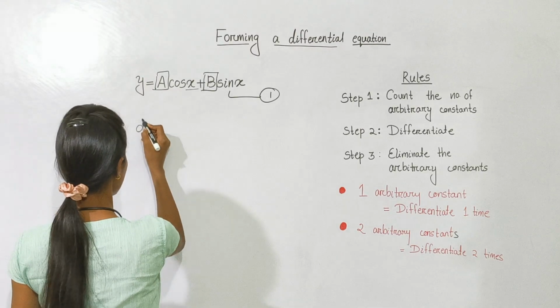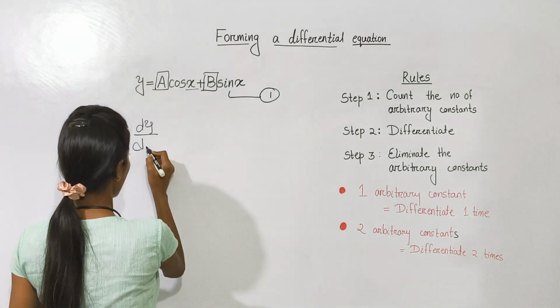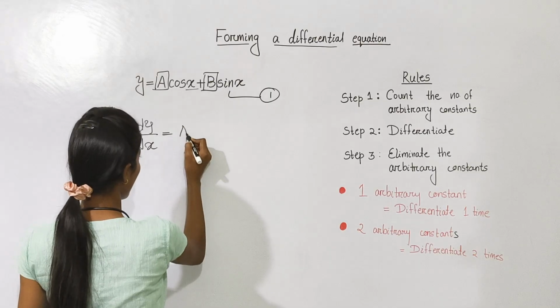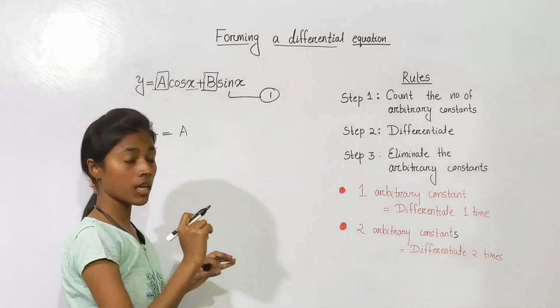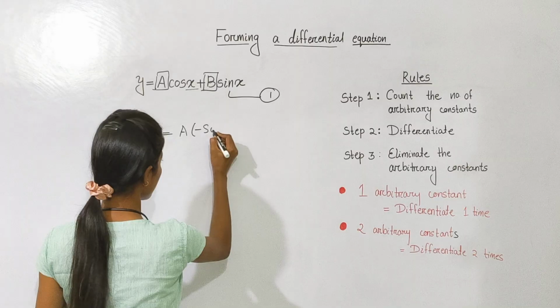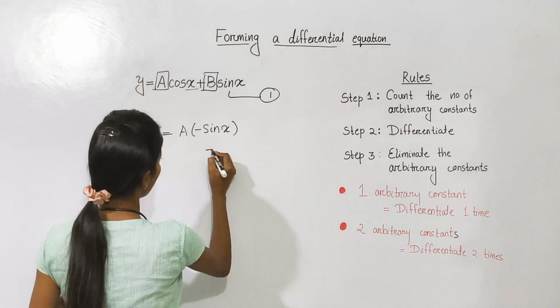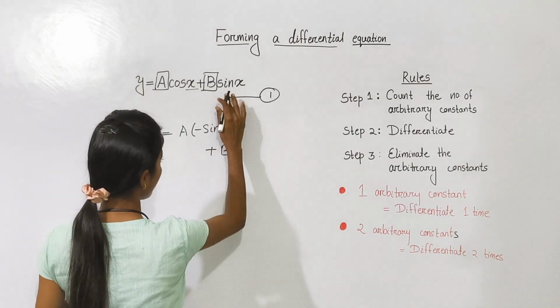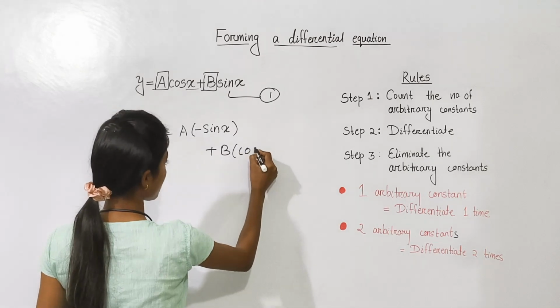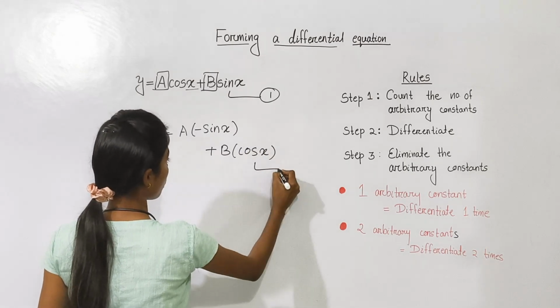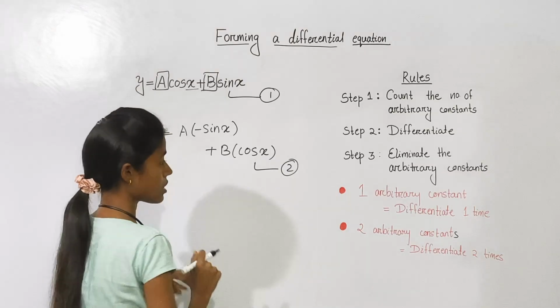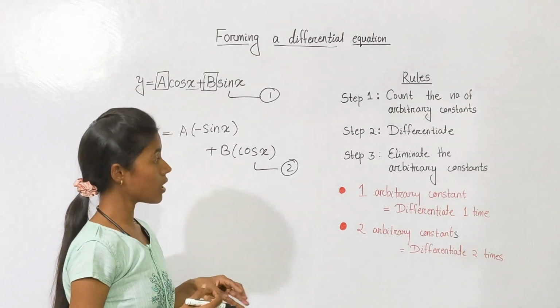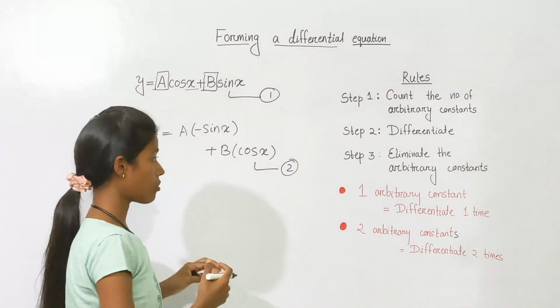So first differentiate the first time. dy by dx equals a, what is the derivative of cos x? This is minus sin x, sorry, plus b times the derivative of sin x, which is cos x. This is your first differentiation. Then next we need to differentiate a second time also.